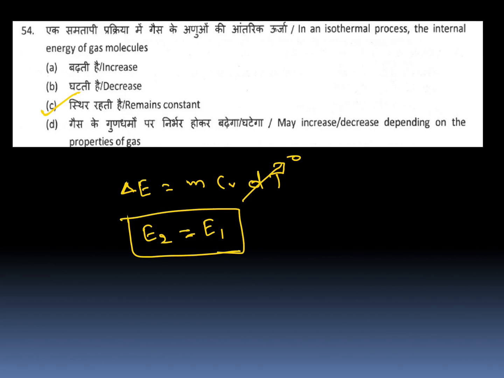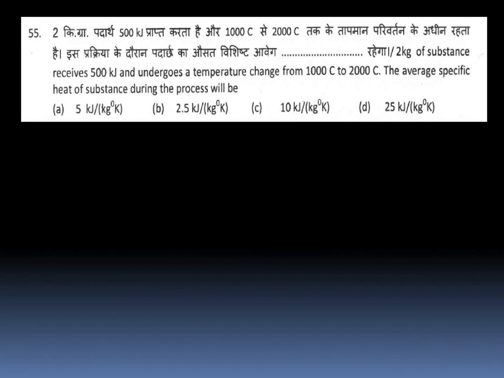Question is, 2 kg of substance receives 500 kilojoule and undergoes a temperature change from 100 degrees Celsius to 200 degrees Celsius. The average specific heat of substance during the process is how much? So mass is given, it's 2 kg.